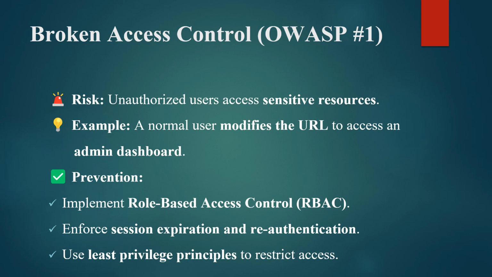A famous breach allowed users to escalate privileges to admin roles just by modifying a URL. Prevention: implement role-based access control, RBAC, enforce session expiration, and reauthentication. Regularly test for access control flaws using automation tools.